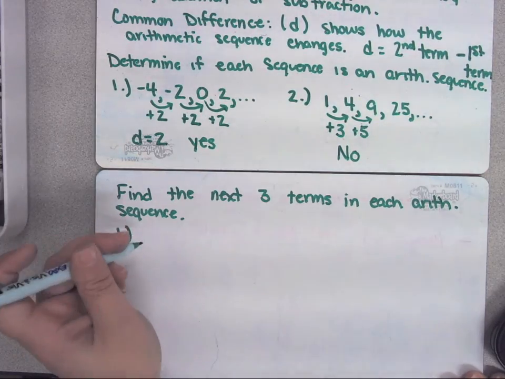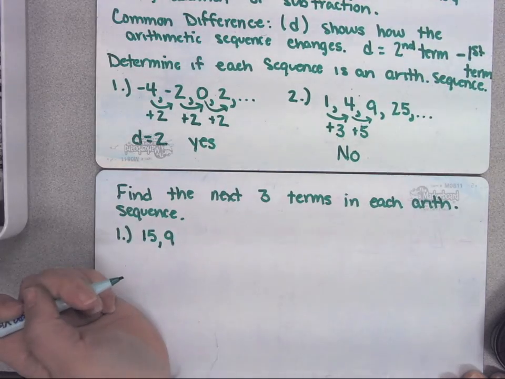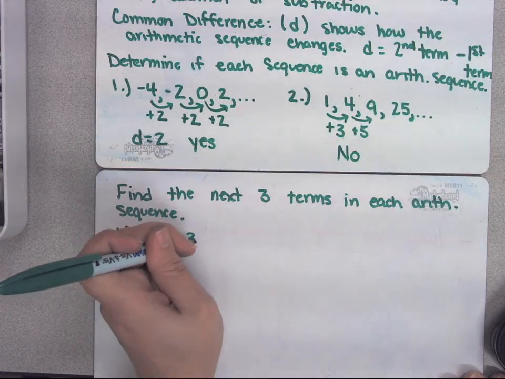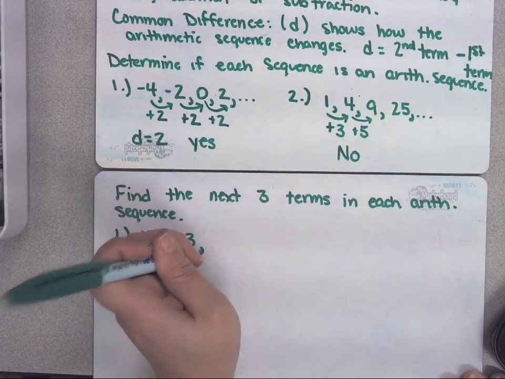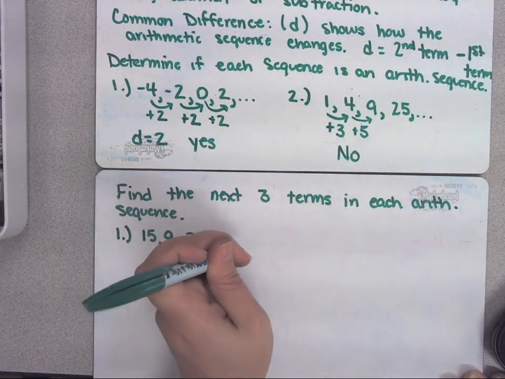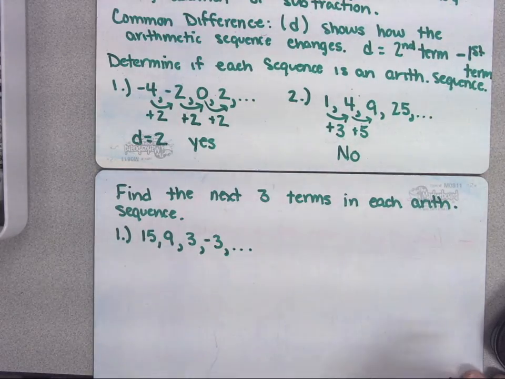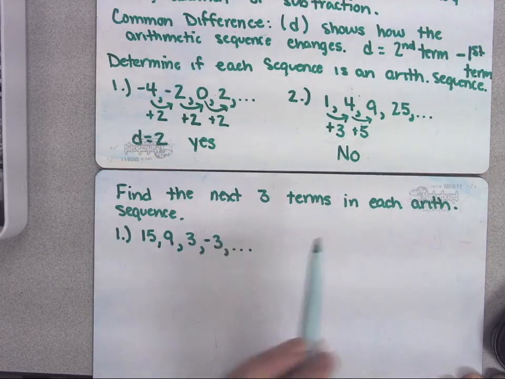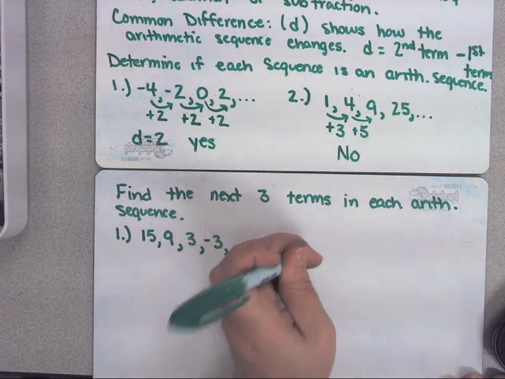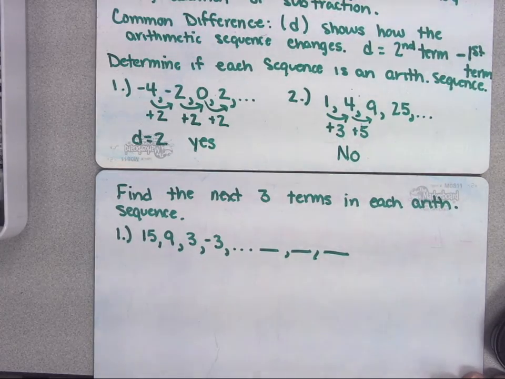Let's do this one. 15, comma, 9, comma, 3, comma, -3. They always give you four numbers, comma, and then dot, dot, dot. So this is what they gave us. It says find the next three terms. So we're going to have to find, I always go blank, comma, blank, comma, blank. So we're going to find the next three numbers right after that one.